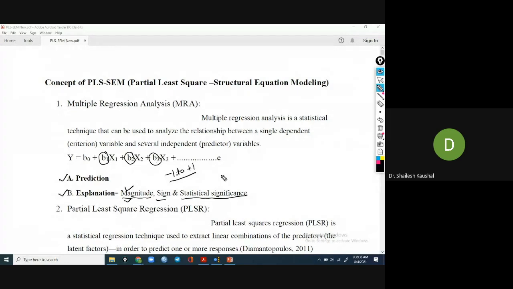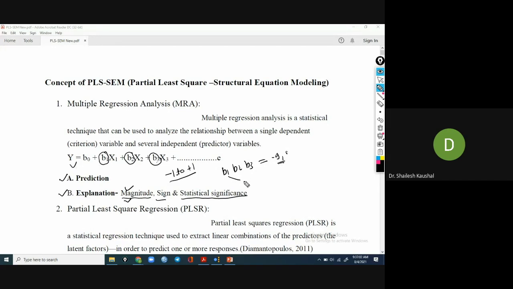If the b1, b2, b3 magnitude values are like 0.9, 0.8, it means it is highly positively correlated with the dependent variable.